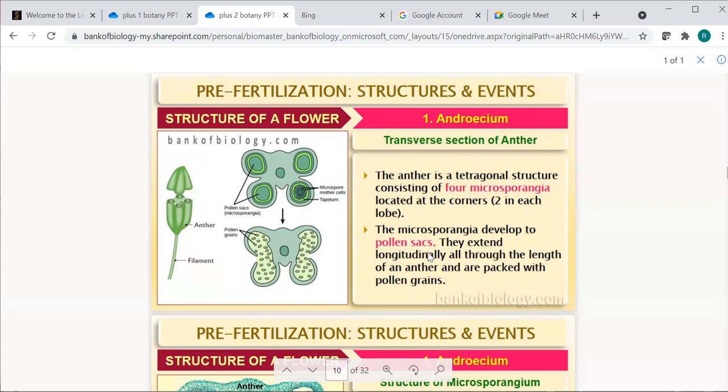Okay. Then the microsporangia further develops into pollen sac. माइक्रोस्पोरेंजिया के अंदर क्या है? It develops into pollen sac.